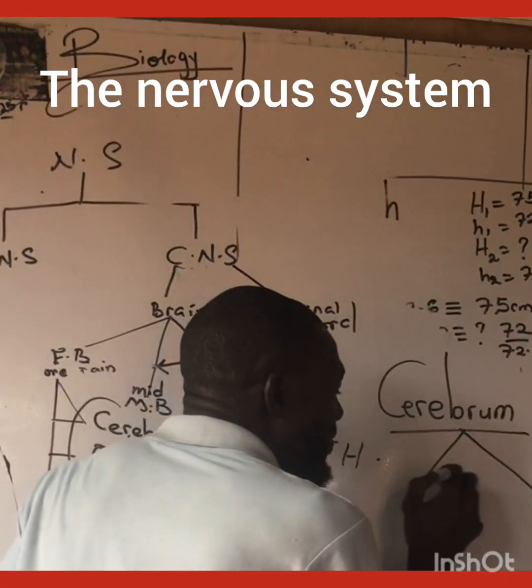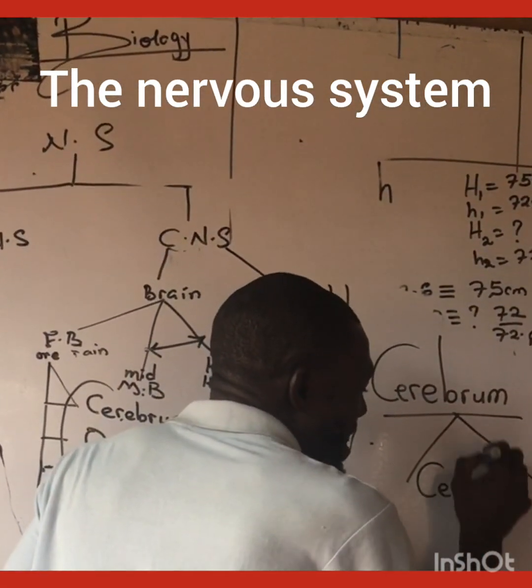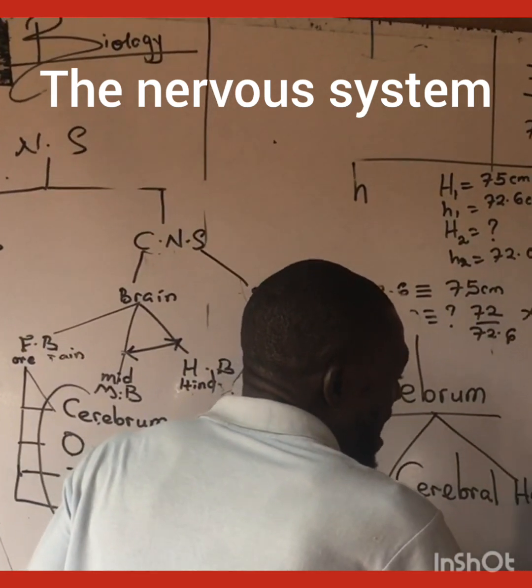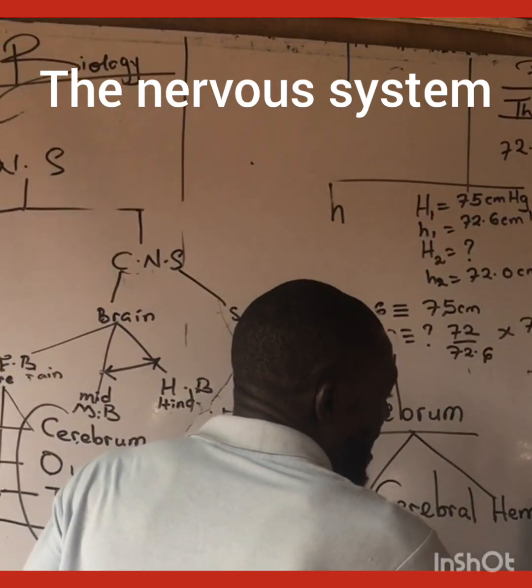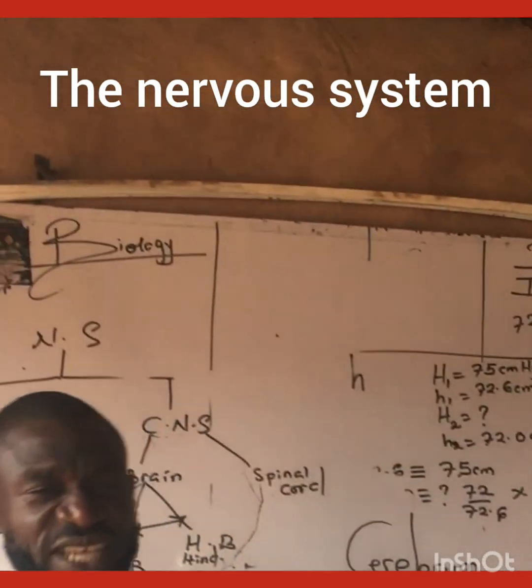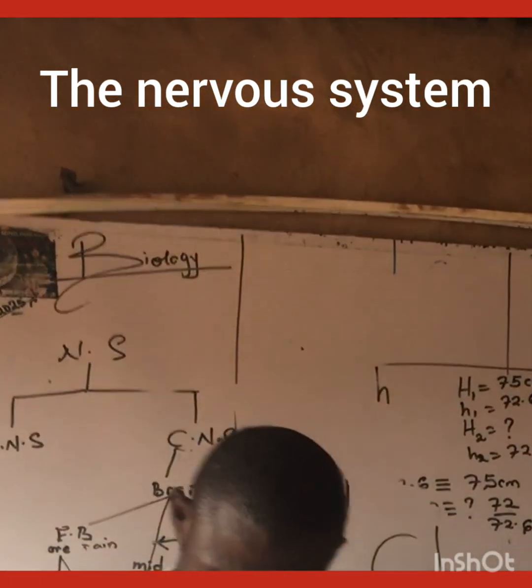So here we have the cerebral hemispheres. Hemi means half. Cerebral hemispheres means the cerebrum is divided into two halves.